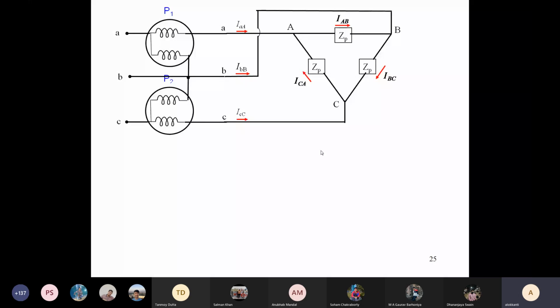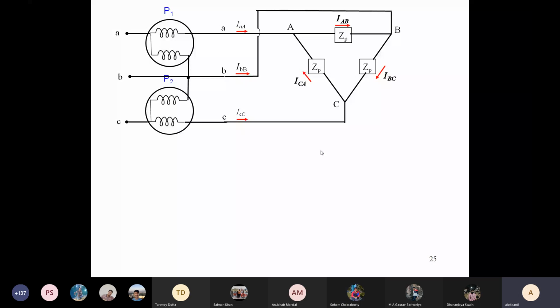The current coil of wattmeter 1 carries the A phase current. The current coil of wattmeter 2 carries the C phase current, and the potential coils are both connected to the B phase. Okay?